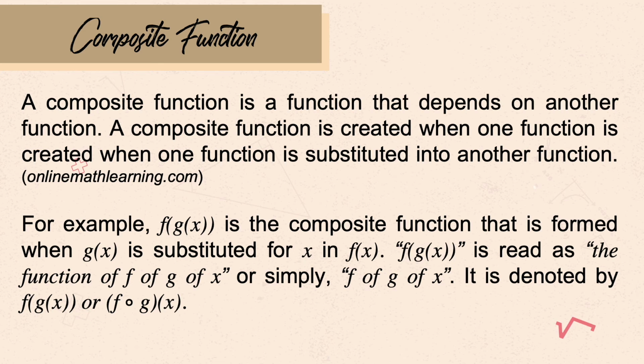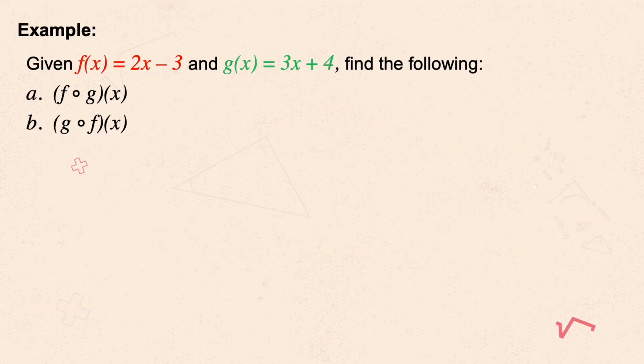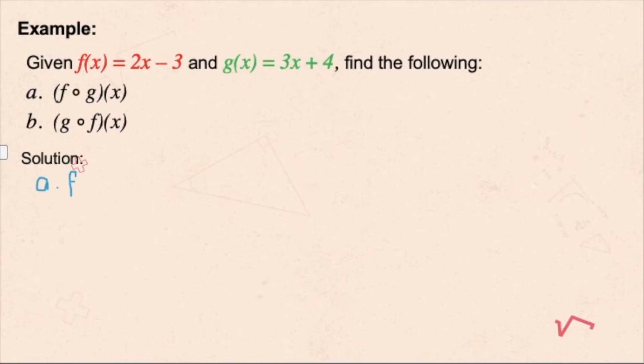Let's start with this example. Given f of x equals 2x minus 3, and g of x equals 3x plus 4, find f of g of x and g of f of x. To solve this, we should get the equivalent composite function of the given.